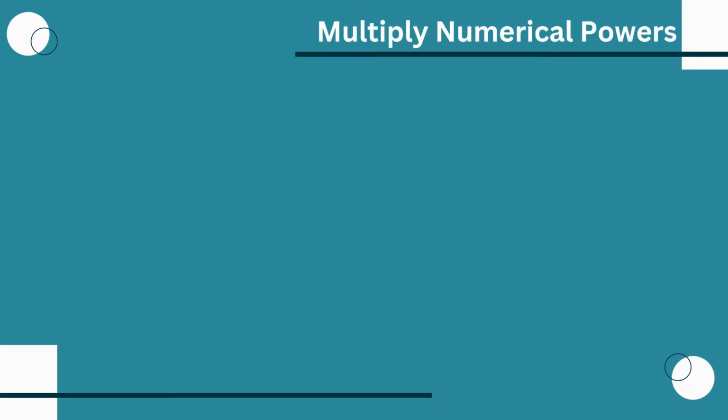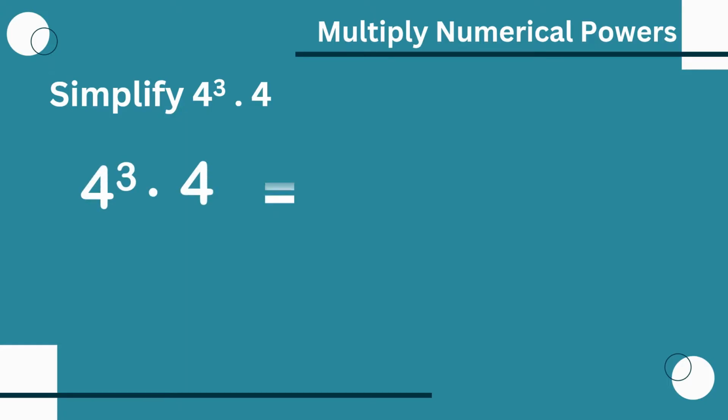The first one is simplify 4 to the cube times 4. In this example, the second factor, which is 4, does not have an exponent, but it is understood that the exponent of 4 is 1. Let's find the product. As the rule says, if we multiply with the same base, add the exponents.